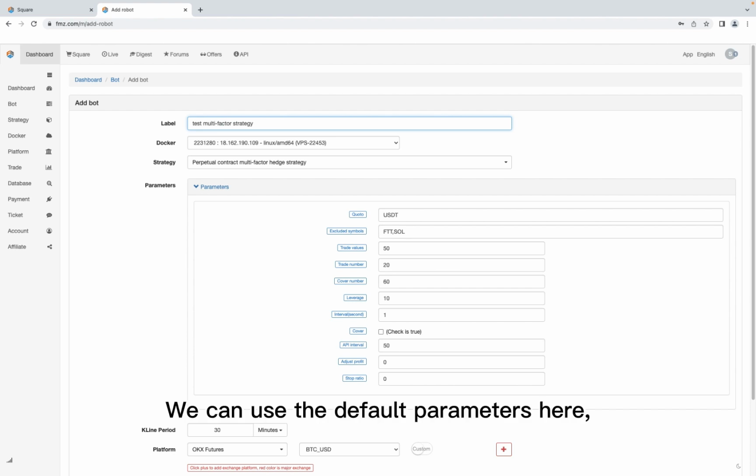We can use the default parameters here. You can also set them according to your own needs when running.